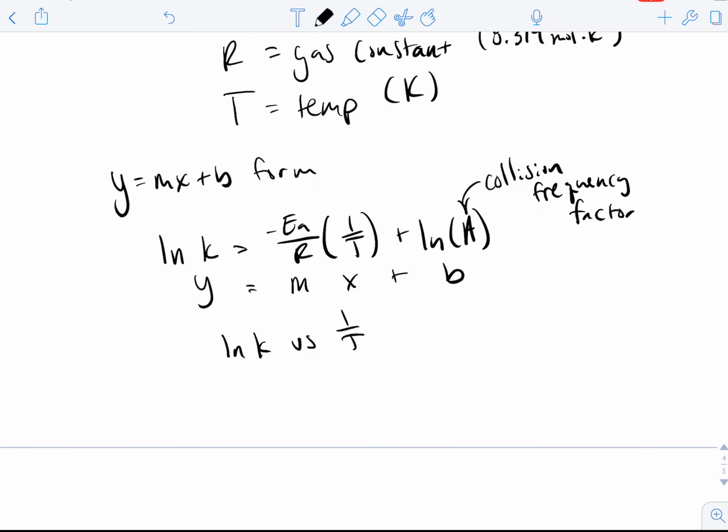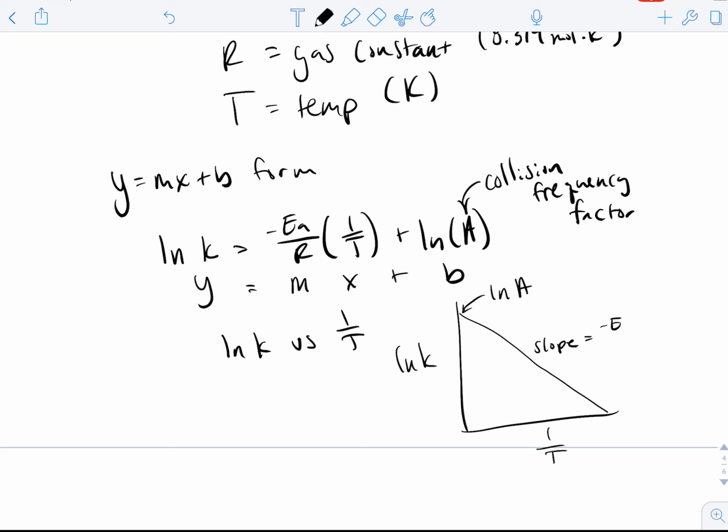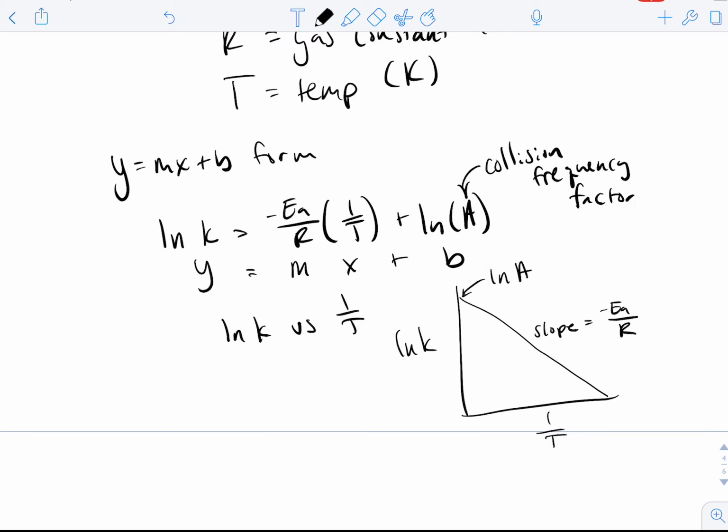So again, this would be something you generally do in lab, although I would expect you to be able to, from a graph of ln of k versus 1 over T, get information out of here, like this is ln of A, and then our slope is equal to negative EA over R. Okay, so you should be able to look at the plot of ln k versus 1 over T and get that information.